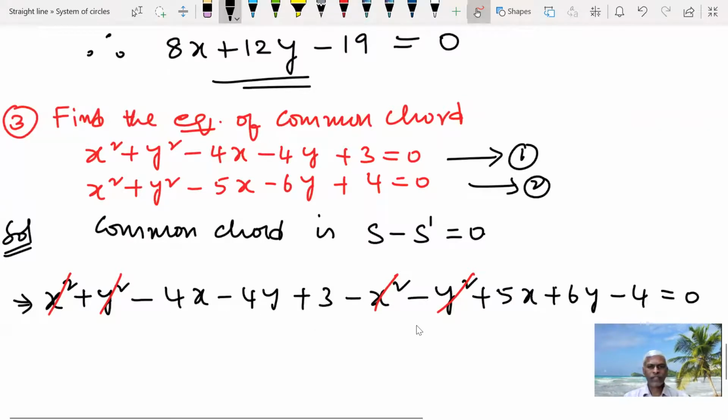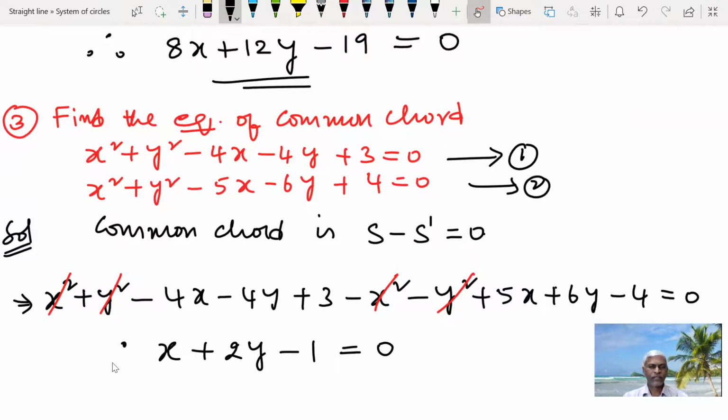So minus 4x plus 5x is x, minus 4y plus 6y is plus 2y, 3 minus 4 is minus 1. So this is the common chord.